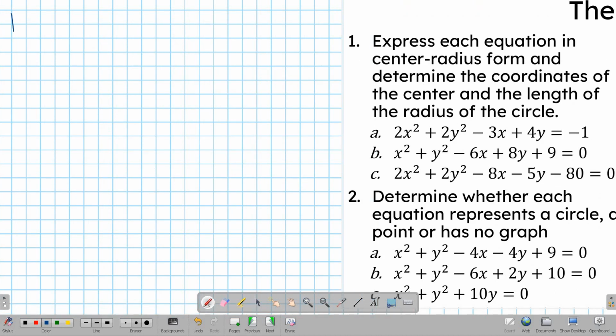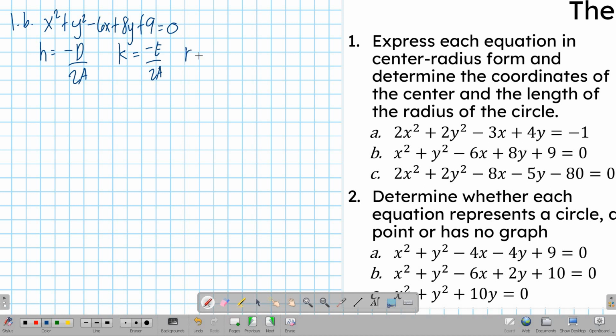So now in 1B, x squared plus y squared minus 6x plus 8y plus 9 equals 0. Ngayon, pwede naman na i-algebraic process natin yan kagaya ng ginawa sa 1a. Pero if you remember, in the previous video, we have formulas. Just to recall, the formula for the abscissa h of the center is negative d over 2a. The formula for the ordinate k of the center is negative e over 2a.